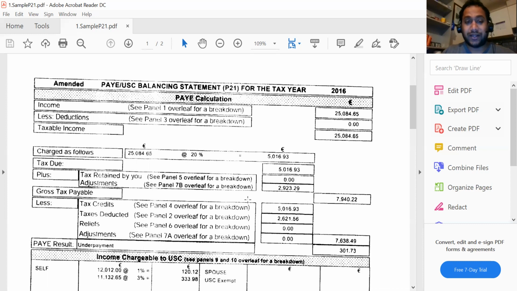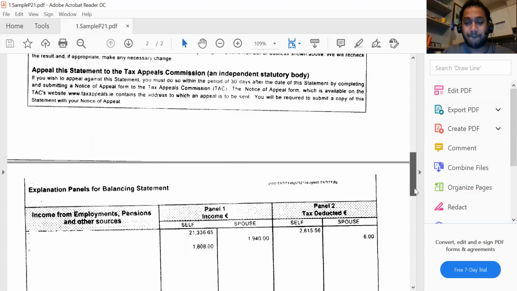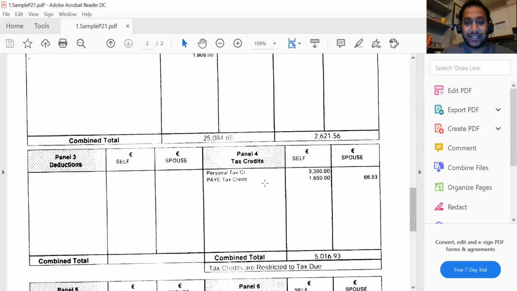Now, if we go to panel 4, you can see the tax credits. The tax credits for this partner, I think he's the primary worker, so he has the personal tax credit. This form is a joint assessment statement of liability. He got 3,300 as personal tax credit because he took 1,650 from his wife.